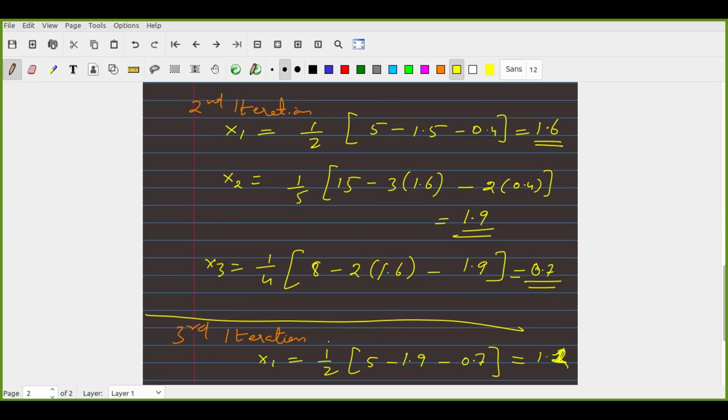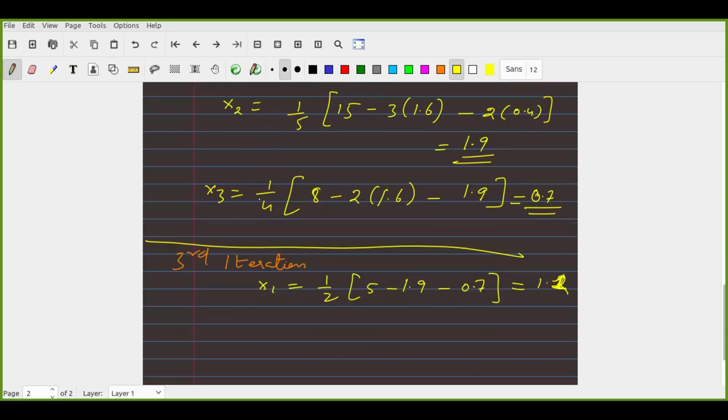See? So, as I was guessing, this is coming down, and the final iteration will give you 1. I'll stop at the third iteration, but you see it's 1 only.